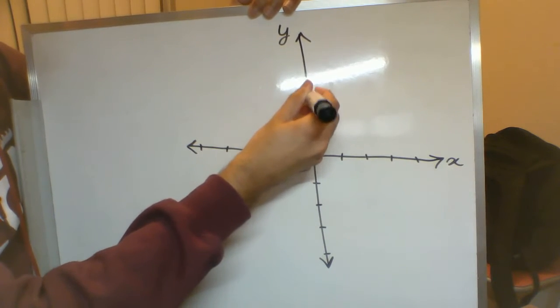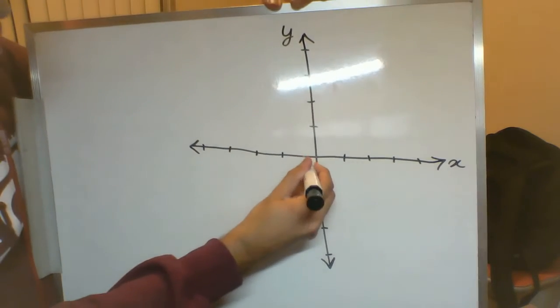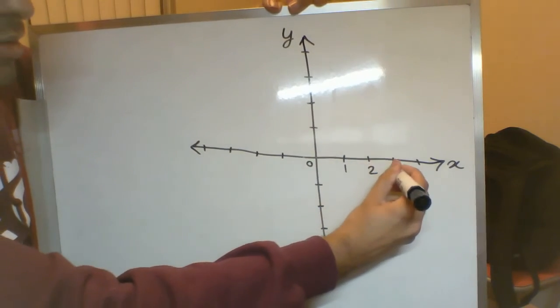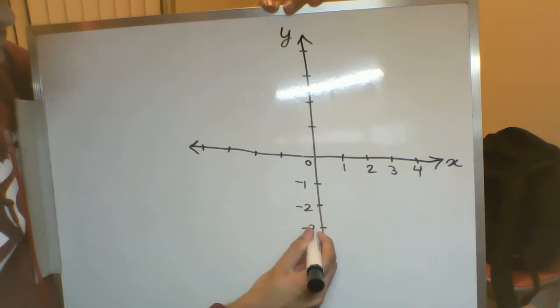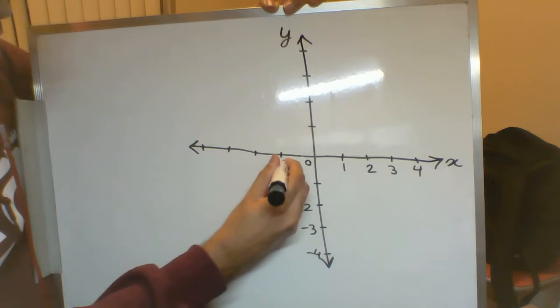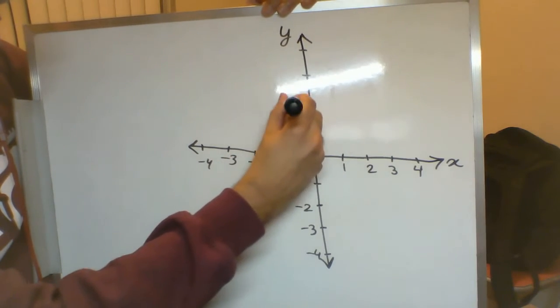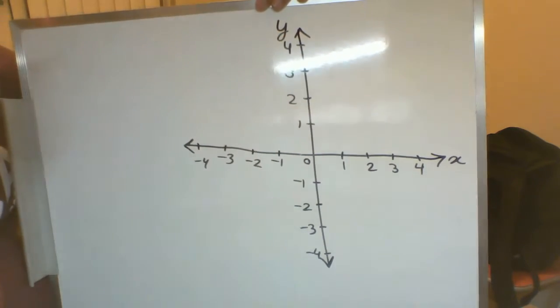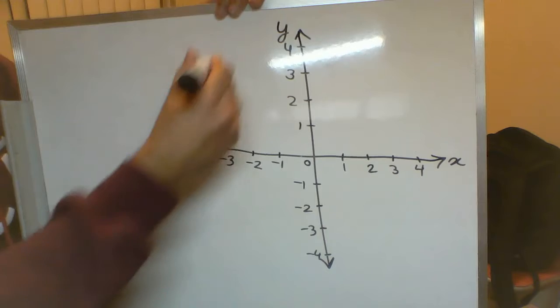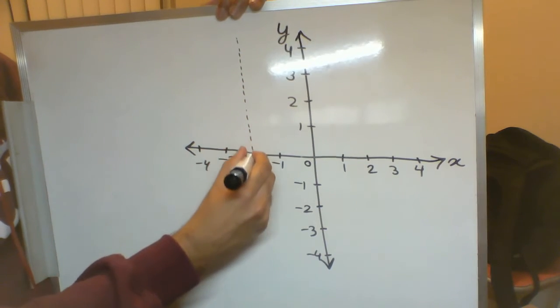Okay, let's number those. 1, 2, 3, 4, -1, -2, -3, -4, and 1, 2, 3, and 4. Excellent. Okay, so hopefully you've got your Cartesian plane mostly set up.